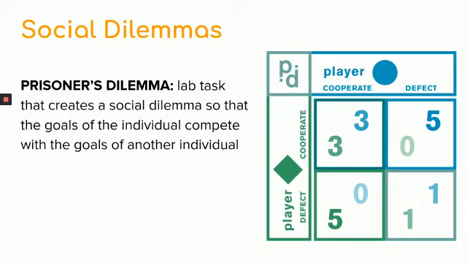One person will decide it's better for them to say that they committed the crime together. The other person's going to get punished more, but they're going to save themselves. That's the situation that this lab task was based on.